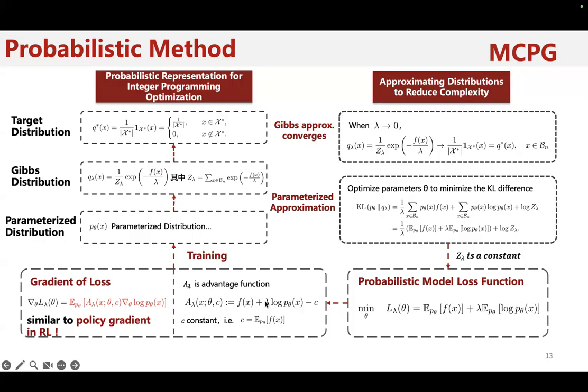This is the function value minus a constant, and the purpose of this constant is to reduce the variance. The gradient is taken with respect to p theta, so this is exactly the same as the policy gradient in reinforcement learning.